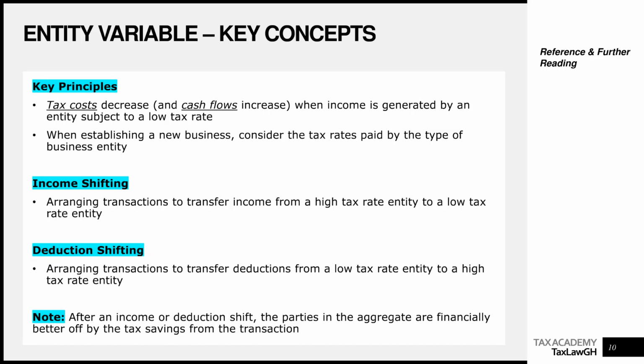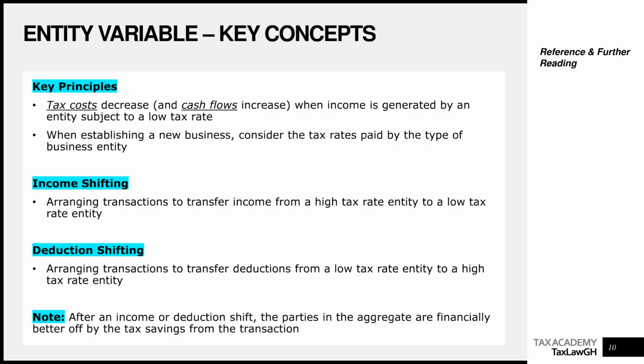Because of this, when establishing a new business, you need to consider the tax rates paid by the type of business entity. So are you going to establish a partnership? Will it be a limited liability company? All of these considerations about the entity type, will it be a free zones company? Will it be an entity into exploration of minerals, an entity into the upstream oil and gas sector? Will you even be in the midstream or downstream, because they will end up not getting 35 but lower rates, most likely 25%.